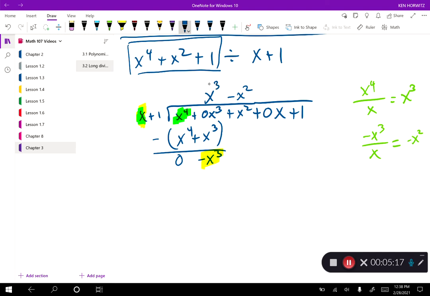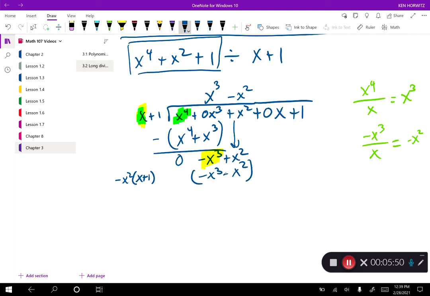Again, we're going to do the same thing. I've got negative x squared times x plus 1. Negative x squared times x is negative x cubed, and negative x squared times 1 is negative x squared. Now I need to bring down the plus x squared.